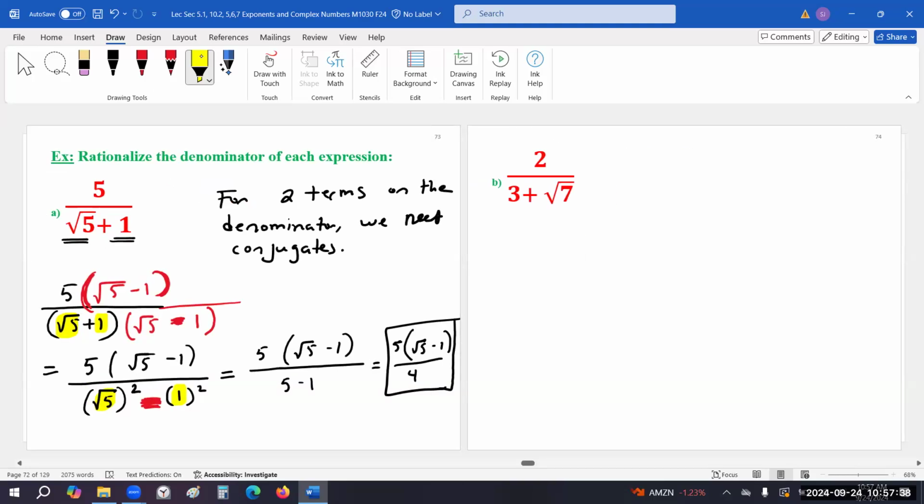Ready? Skylar. We need to multiply top and bottom by what? Good. 3 minus square root of 7. Kaylin, what do you do next?